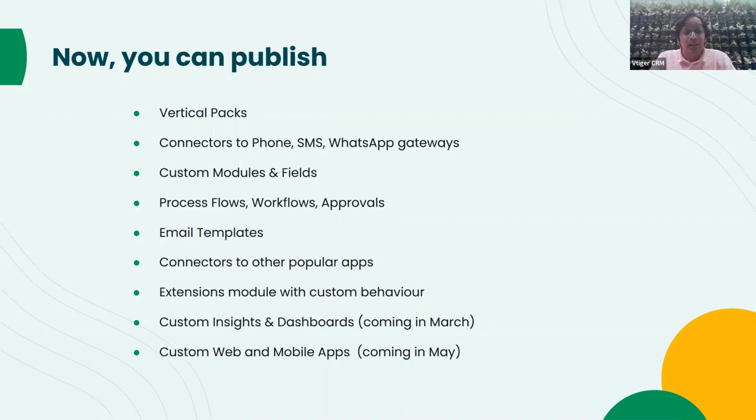Likewise, the next point is connectors. There are so many different companies providing different abilities for phone calls, SMS, and sending WhatsApp messages. Different regions have different providers, and different providers give different abilities, and as a system we cannot support all of them.